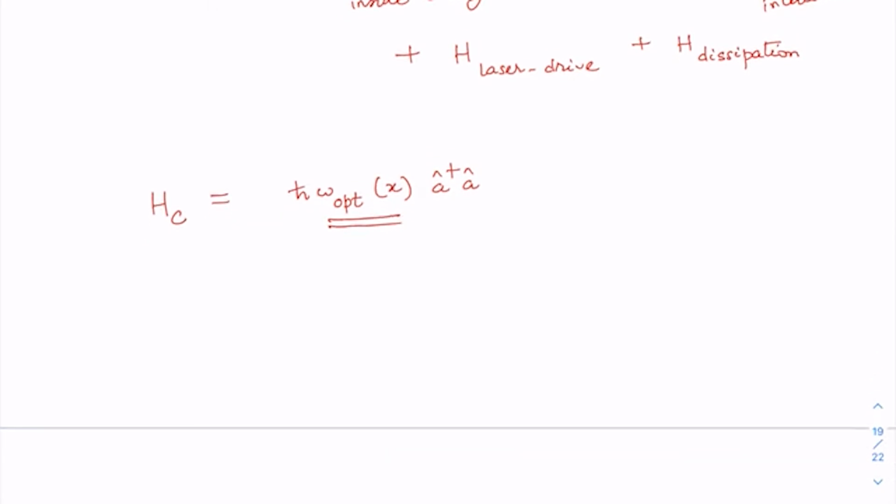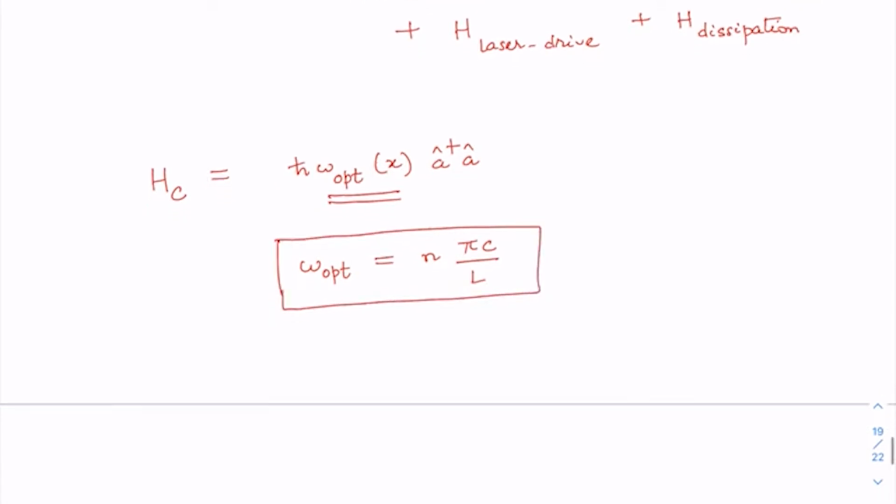If the cavity has fixed length, then we know the resonance condition would be some integral multiple, let us say the integer is n, times pi c by L. This is omega, not nu. So this is the resonance condition for a cavity with fixed length.